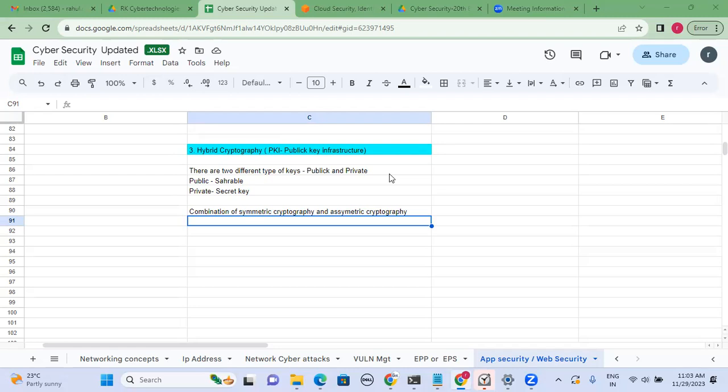So whenever you are accessing any website, the backend process can be explained in three ways. One is the OSI reference model. Second one is the DNS process. Third one I am going to explain now.